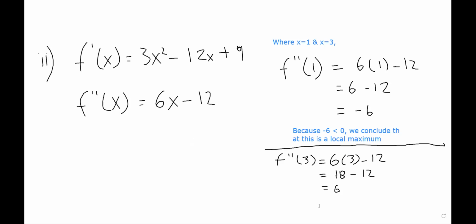So now we just write our little statement right here saying that because positive 6 is greater than 0, we conclude that this is a local minimum.